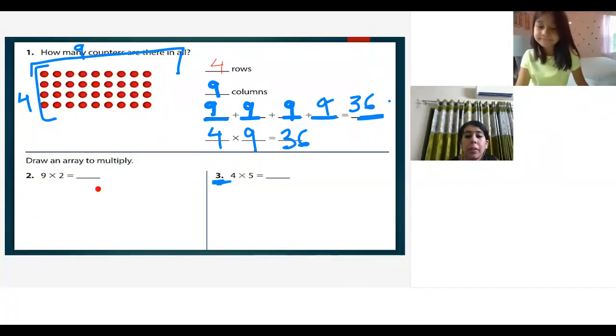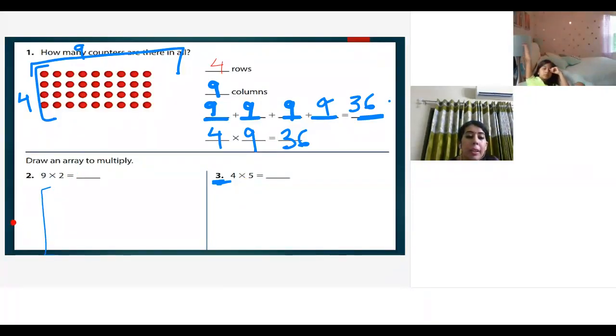Now see. I have to draw an array to multiply. So my rows are 9 and my columns are 2. So what should I do? 1. My rows are 9. 2, 3, 4. There is a shortage of space. I should write over here. So my rows are 9.